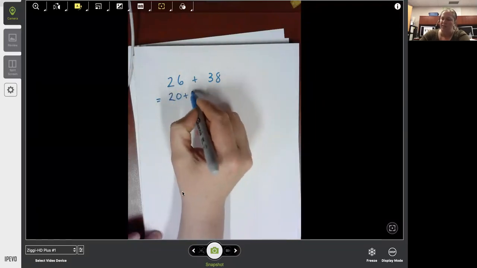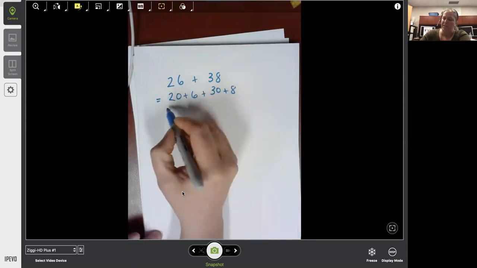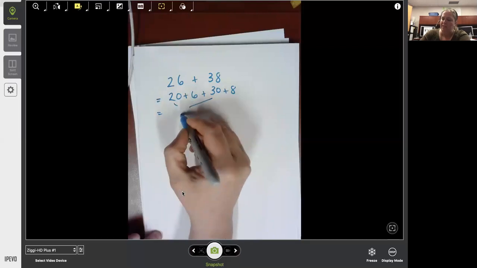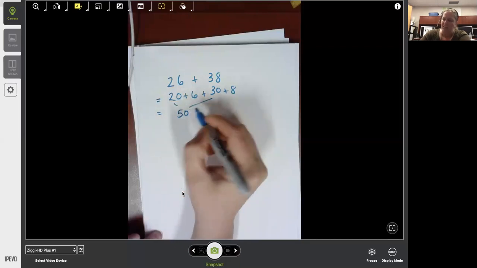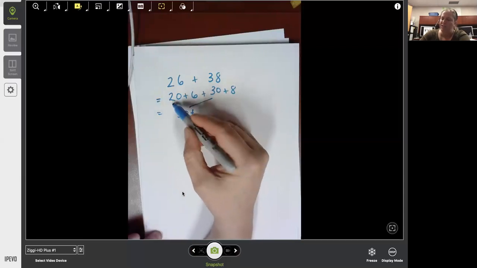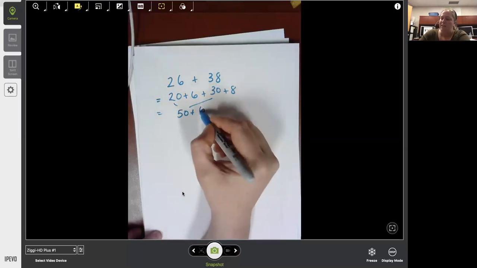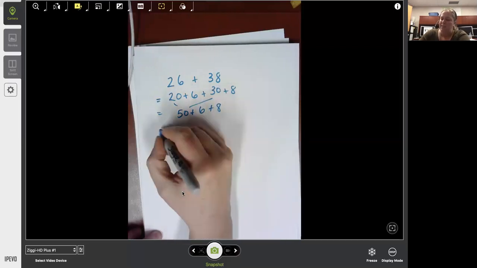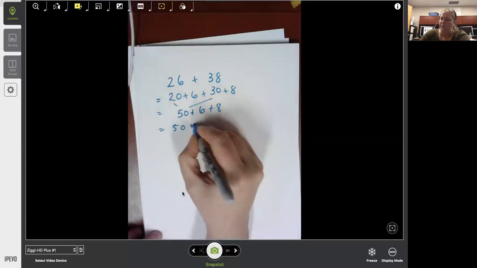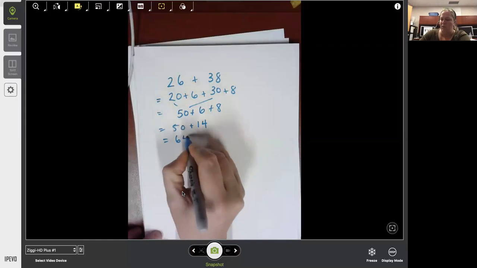So they might split those 2 numbers and work with the facts that they know. 20 + 30, well, that's related to 2 10s + 3 10s, so that's 5 10s, 50, plus 6 + 8, which brings them to 50 + 14, and then to 64.